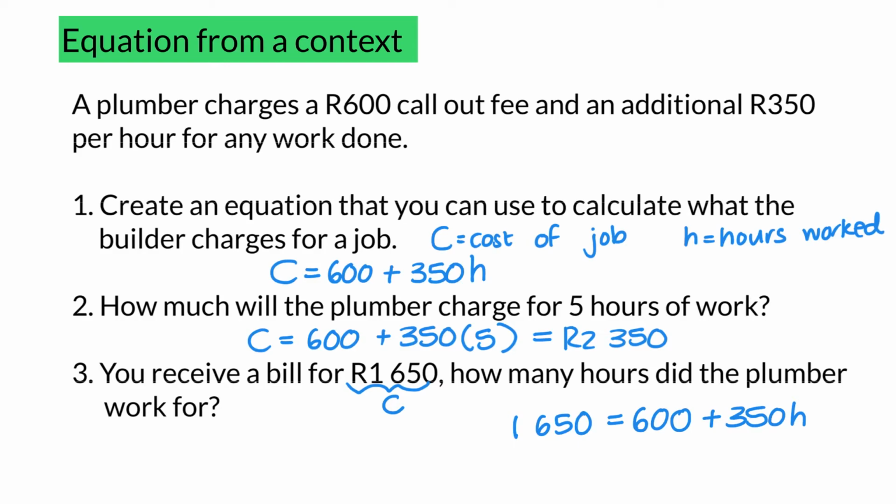Now, as we continue our course on equations, you will learn different strategies for solving this equation and finding out what H is. Now, I'm not sure what strategy you used, but when I calculated what H is, I got that H was 3. That means the plumber worked for 3 hours.